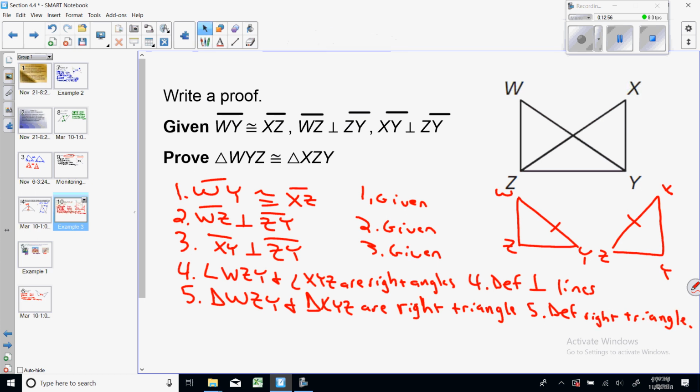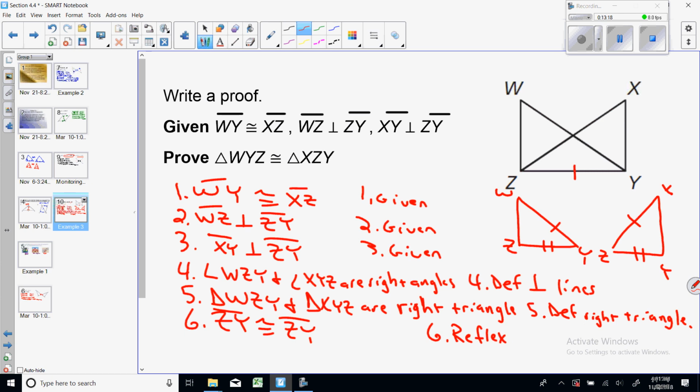Okay, now, the other thing that's kind of important is that when you look at your original picture, you'll notice that ZY shows up in both parts of the triangle. So even though it's not necessarily seen when they're separated, you certainly have a shared side. So now, ZY is congruent to ZY by the reflexive property.